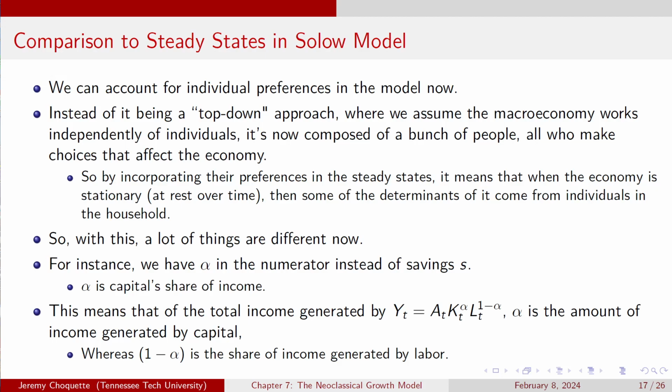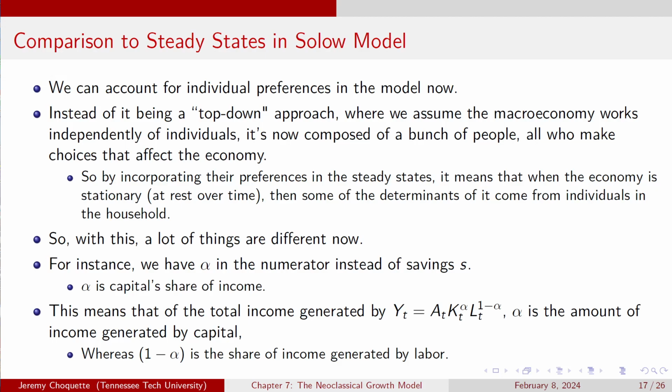So with this, a lot of things are different, right? We also have alpha in the numerator instead of savings, and alpha is capital's share of income, right? So the total income generated would be Y equals A times K to the alpha times L to the 1 minus alpha. Alpha is the amount of income that's generated by capital, and 1 minus alpha would be the share of income generated by labor, right?